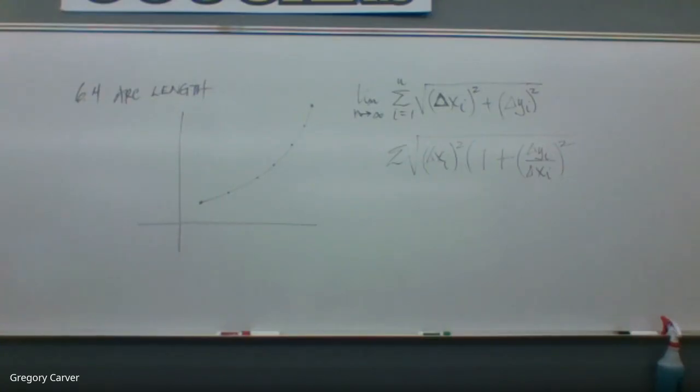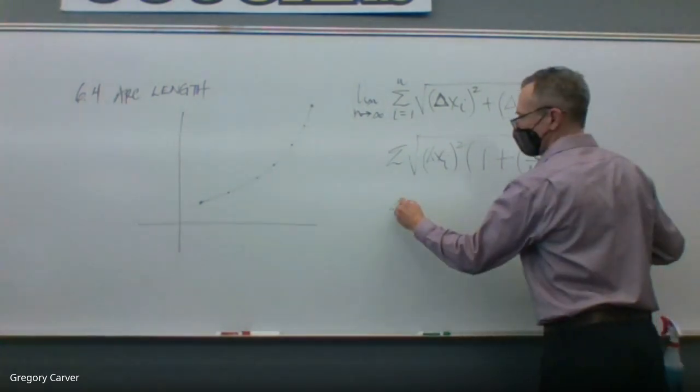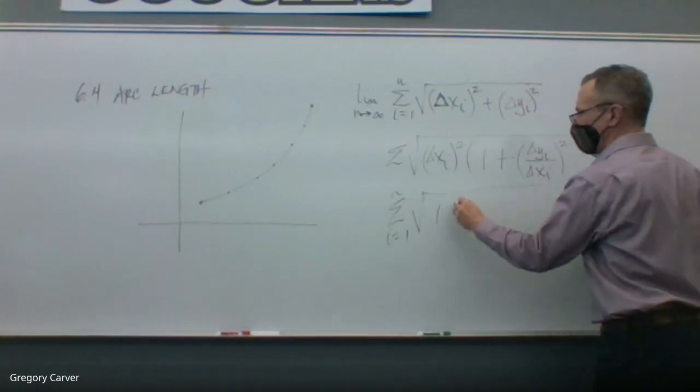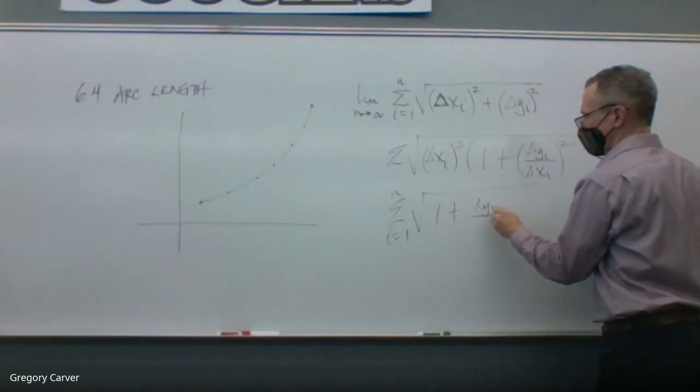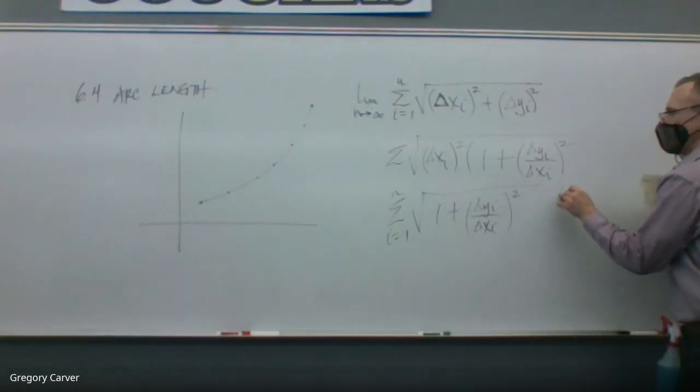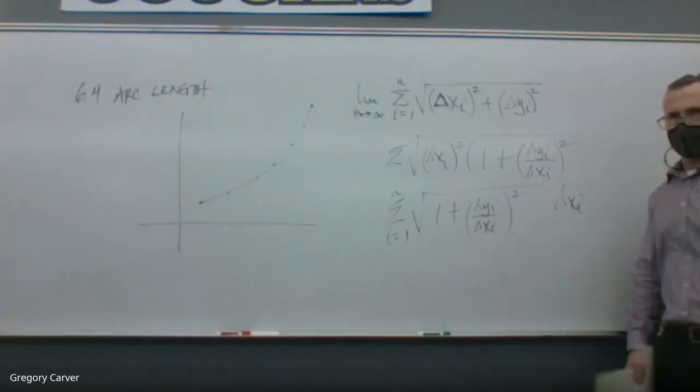Sweet. Now what I'm going to do is I'm going to square root the delta x sub i. So what does this give me? The sum from i equals 1 to n, the square root of 1 plus delta y sub i over delta x sub i, the quantity squared, and this will give me delta x sub i on the outside.